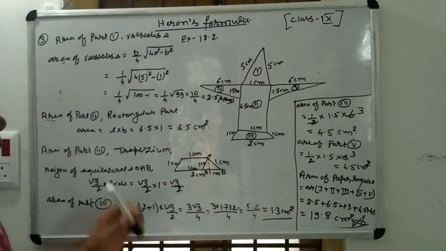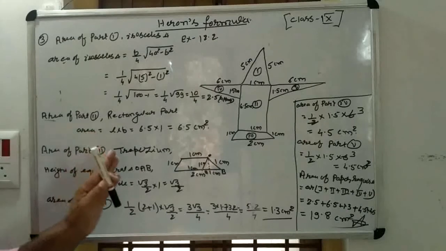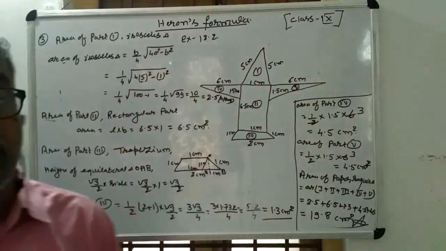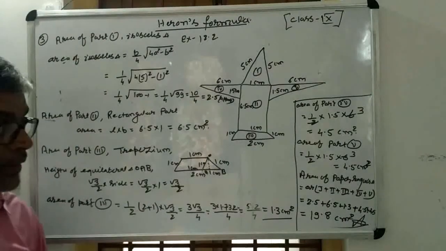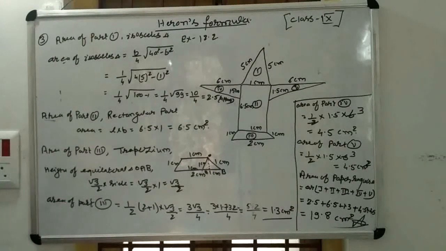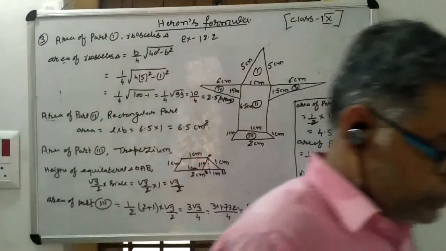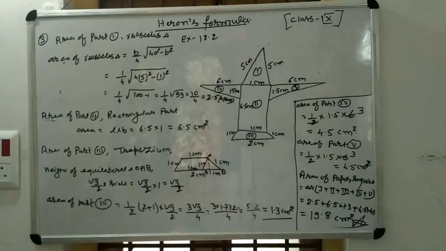That's why I applied the separate formula for separate triangles, so that our task becomes easier. So in this way I have solved this question. I hope that all of you have understood it clearly. Now this is for today.